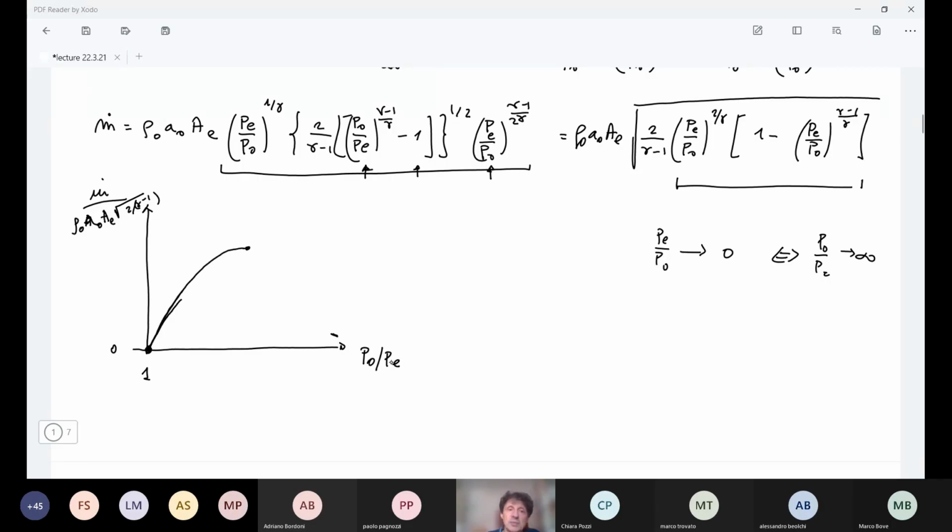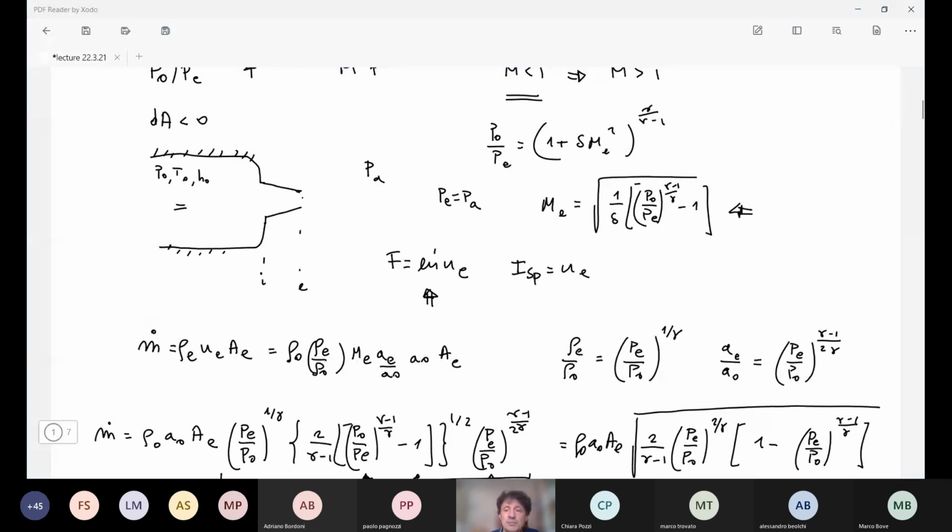So what happens here? Mathematically this line continues, we pass the maximum and we go towards 0 at infinity.